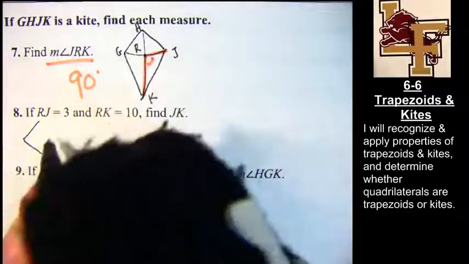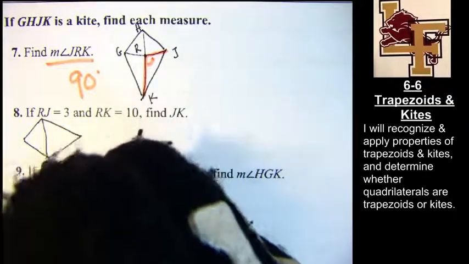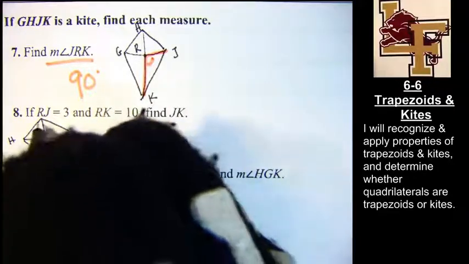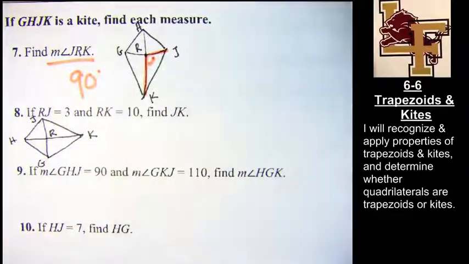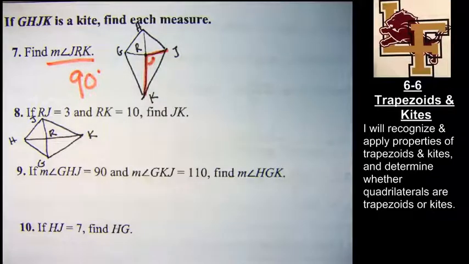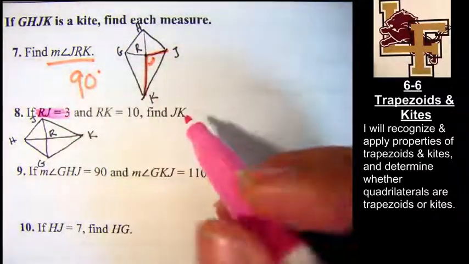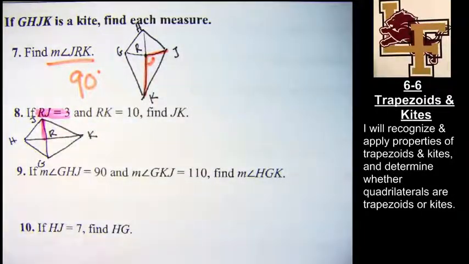All right, time to draw the next figure. R shows up again, so I know I need to throw my diagonals in there. H, G, K, J, there's R. All right. I've been told that the length of side RJ, that's this one here, is 3.